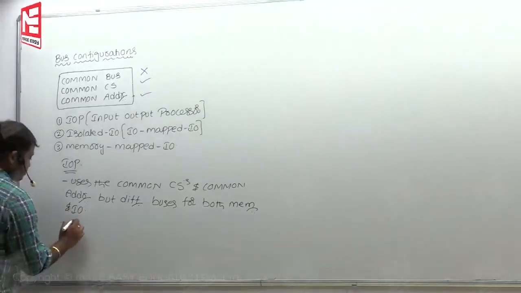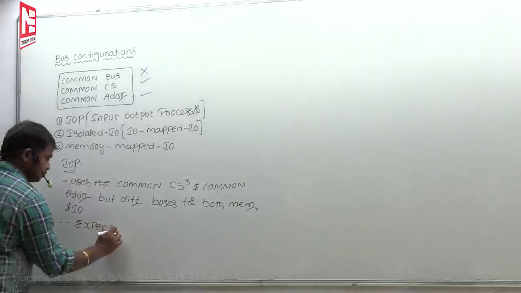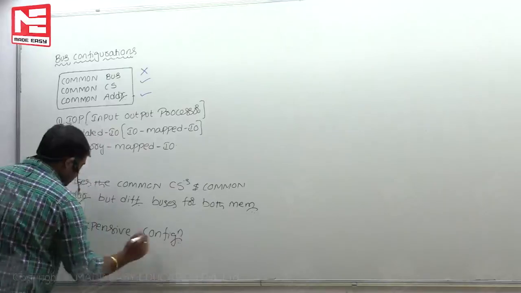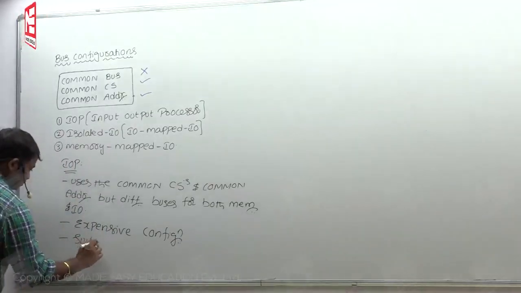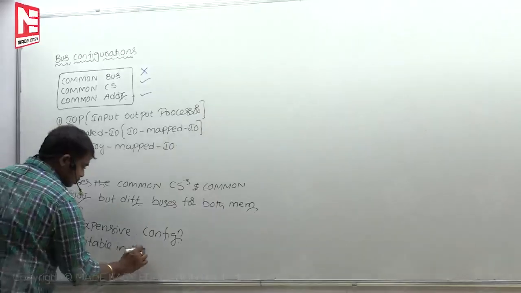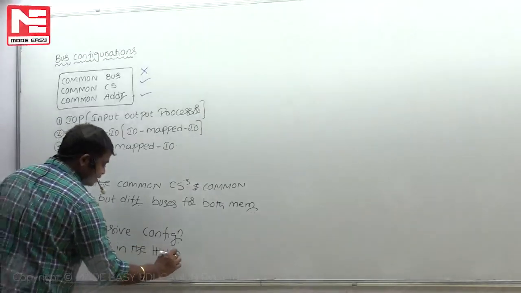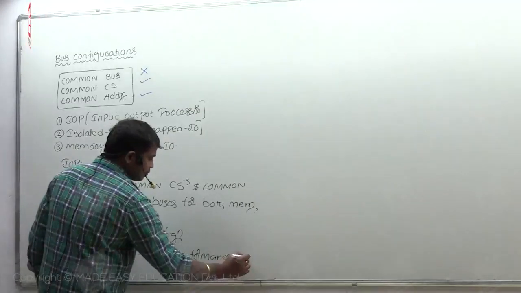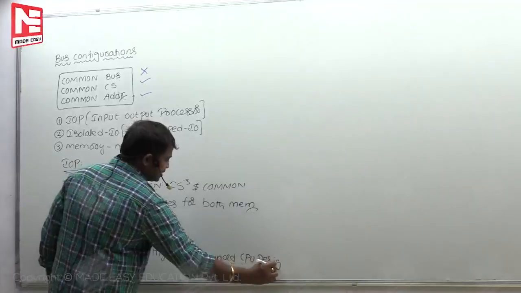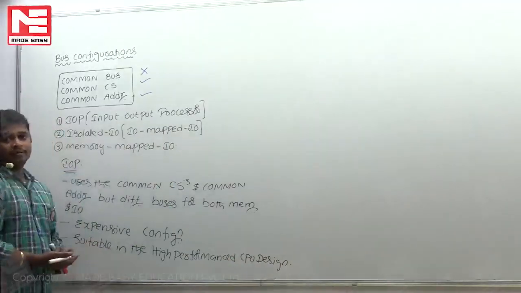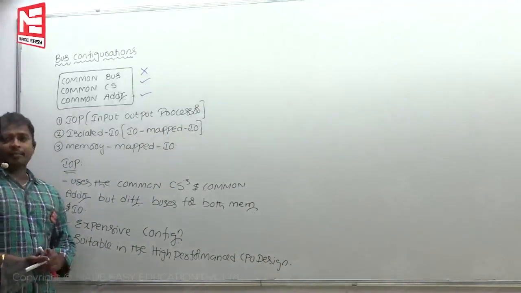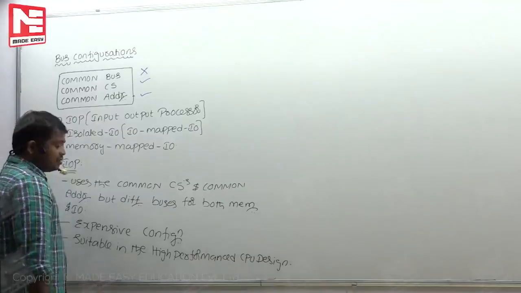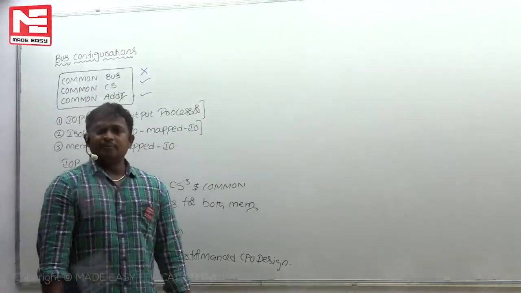It is an expensive configuration. Because it is expensive, it is suitable for high performance CPU design. This is the information about the IOP: use the common control signals, common address, but don't use the common bus. It is an expensive configuration, not suitable for the general purpose computer.